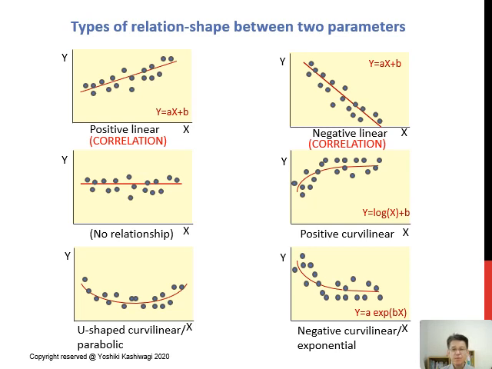And also, you can see the bottom ones. The left-hand side is a U-shaped curvilinear or parabolic relationship. Is there any correlation in it? The answer is no, because this is not a straight line at all. But you can see a curved, U-shaped relationship.